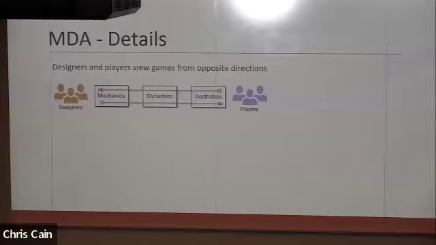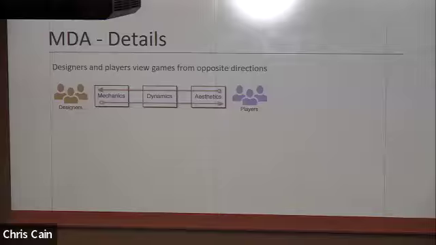Whereas from a designer's perspective, they're going to go the exact opposite way. They're going to start with the aesthetics. When you design a game, you start with, what do I want players to experience when they play my game? You can't design for aesthetics, but it's the first important decision that you make. What should people be feeling when they play my game? Then you go from there to the emergent behavior.